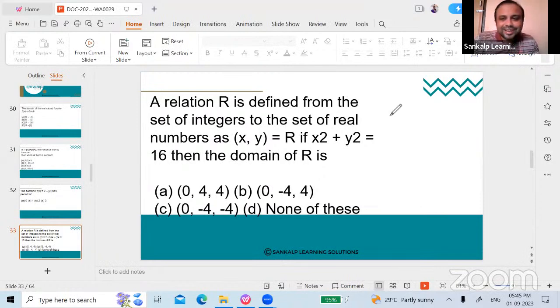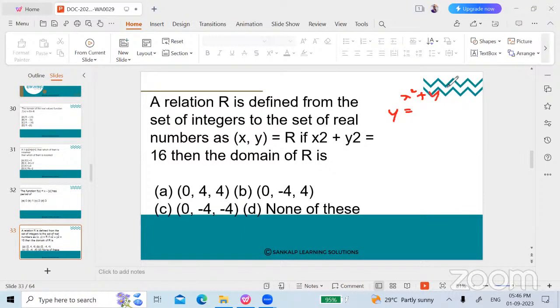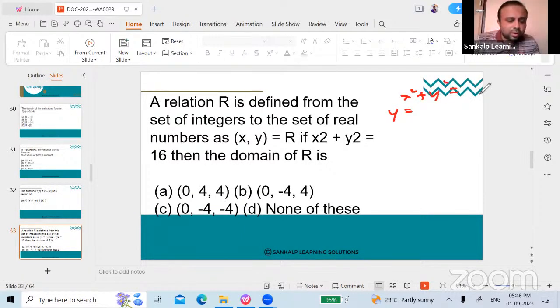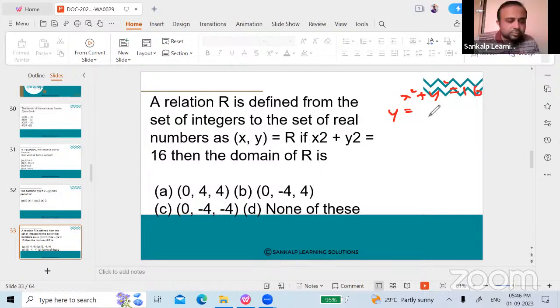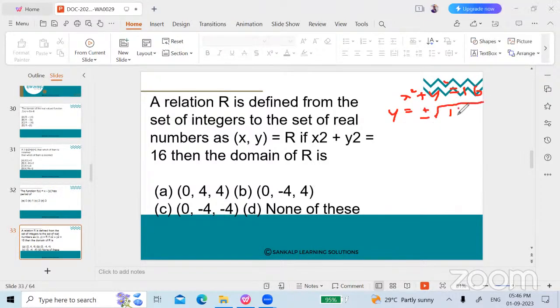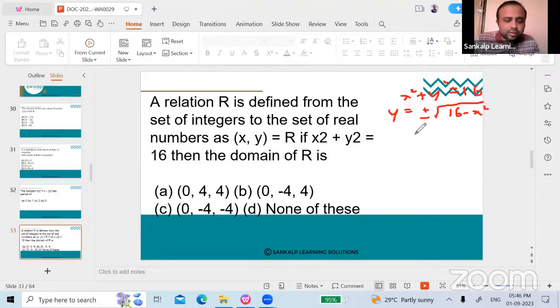Okay, when I take x square plus y square, x square plus y square is equal to what? X square plus y square is 16. Correct? Yes, sir. Then y is equal to what? Plus or minus the root of 16 minus x square.